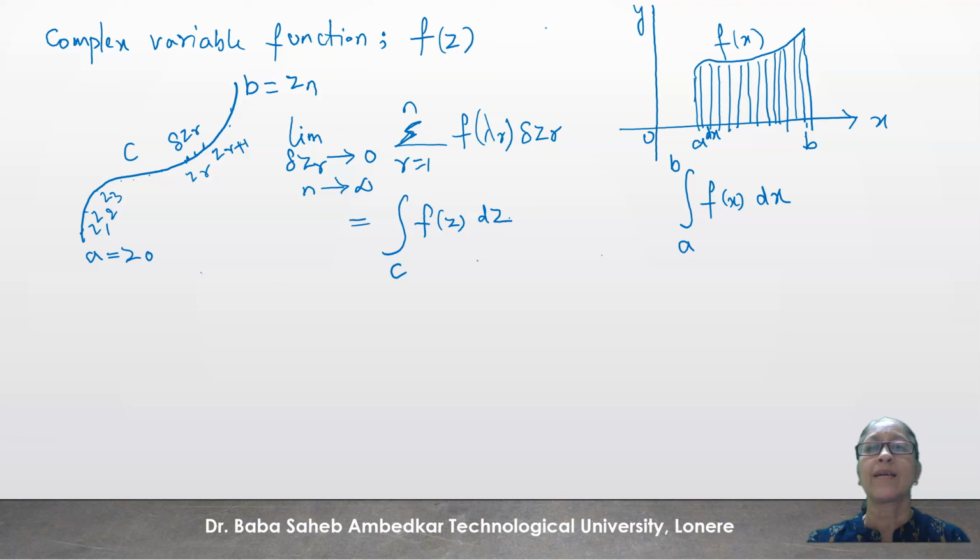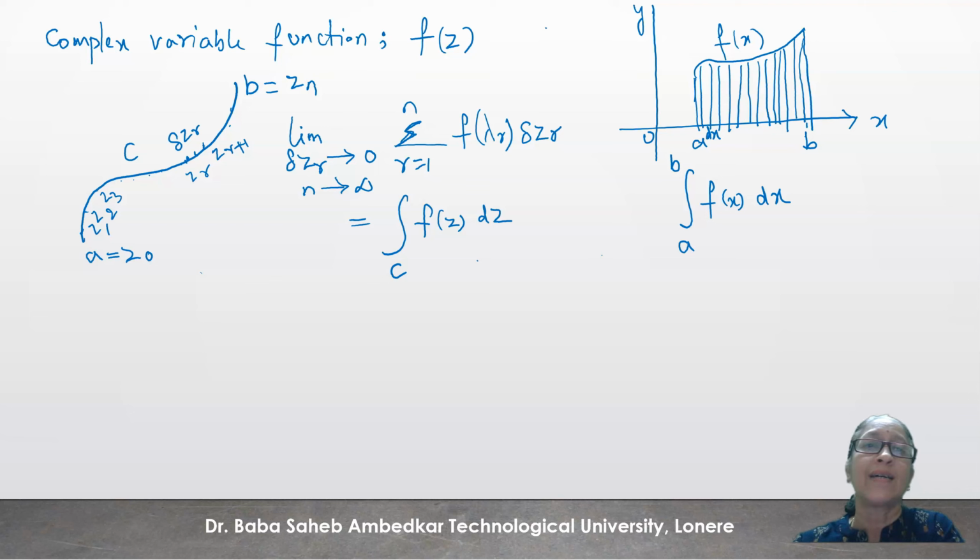Here the integral means summation or integration along the curve C. This is called complex integration. Integration of a complex variable function f(z) dz is usually called a line integral because this integration is along this curve C. So this is called the line integral of f(z) along the curve C. Here integration is along the curve, not over an interval AB.